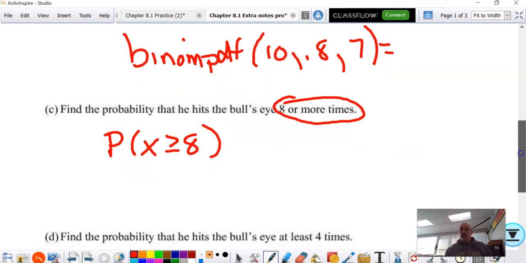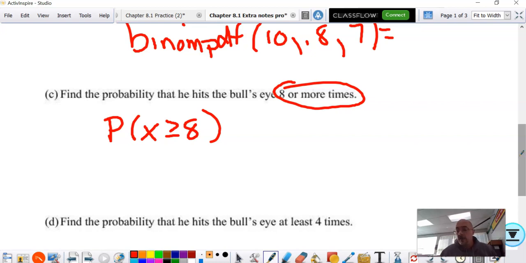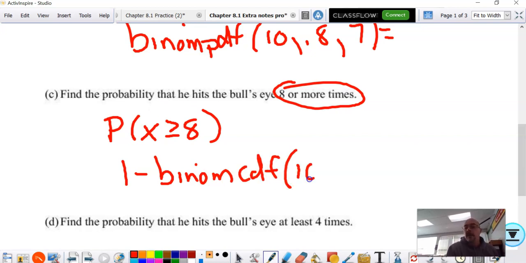Now, again, the calculator can't do 8, 9, 10. The calculator has to go backwards. So this would be 1 minus the binomial CDF, 10, 0.8. Now, what is the complement of 8 or more?